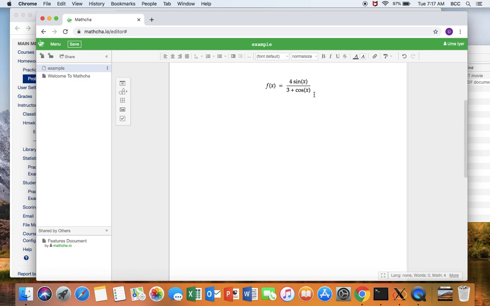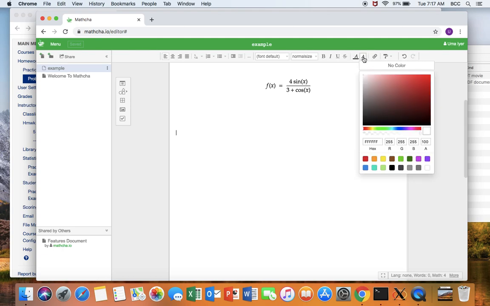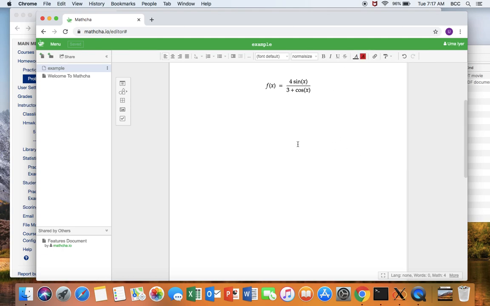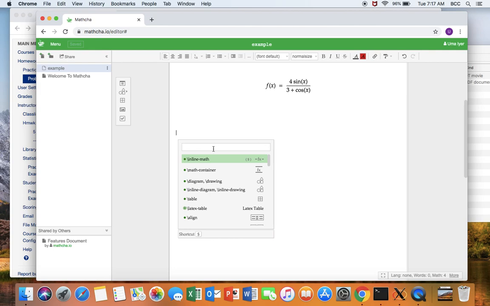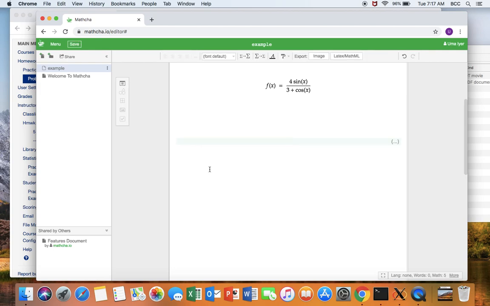All right. Now this is a quotient of two trigonometric functions. So what do we need to find the derivative of a quotient? Let me remind you of the quotient formula. Go to math mode.